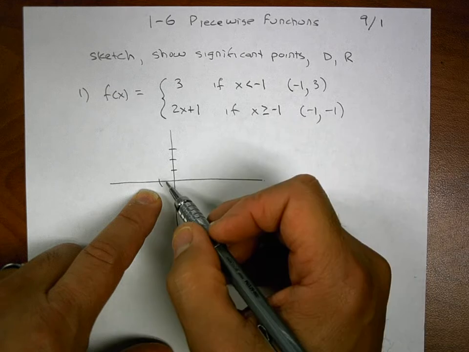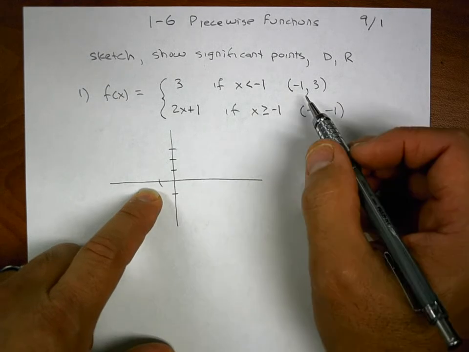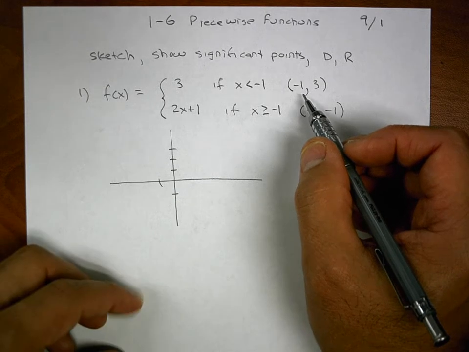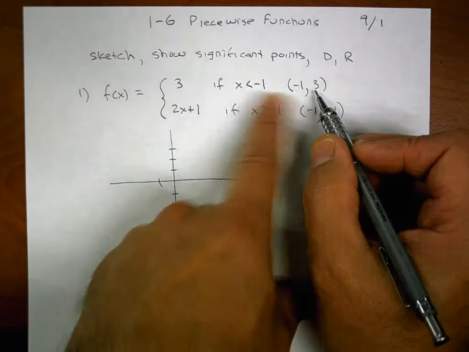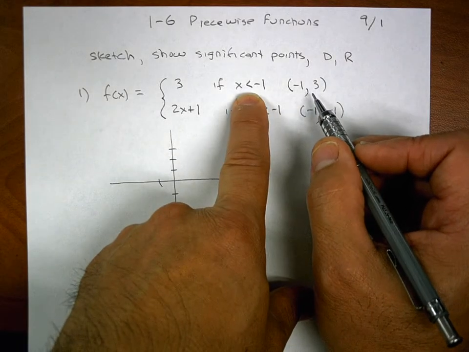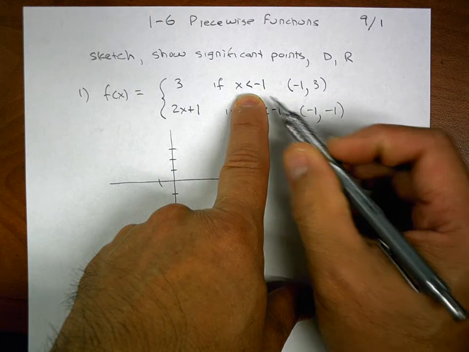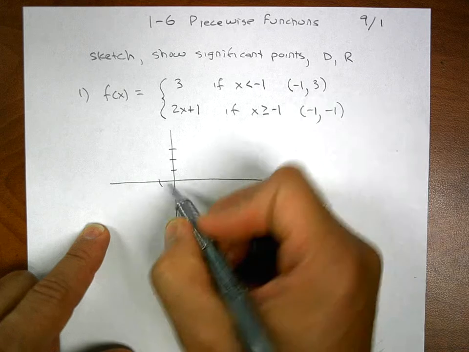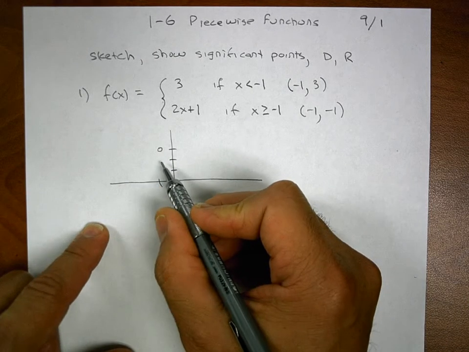The second thing we do is we plot, and I know we can all plot. But as we plot these points, we've got to make sure if it's going to be an open circle or closed circle. Okay, so at this point, -1, 3. Are we going to plot it with a closed circle or open circle? Why open? There's no equal. It's just less than -1. Okay, so -1, 3, open circle. So that's what we do. So we're plotting points now.